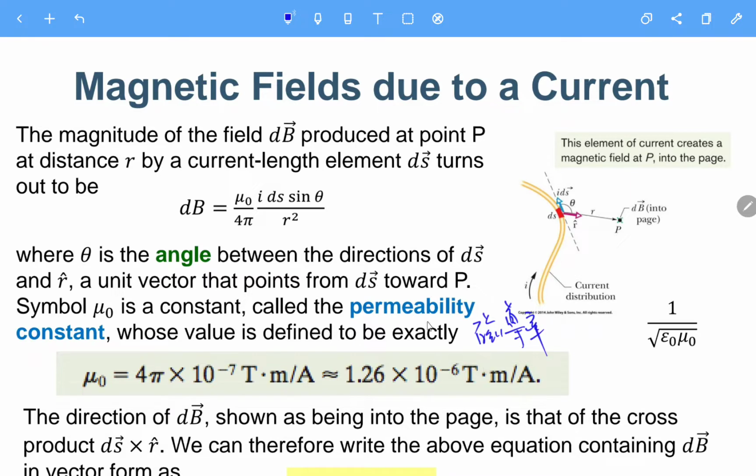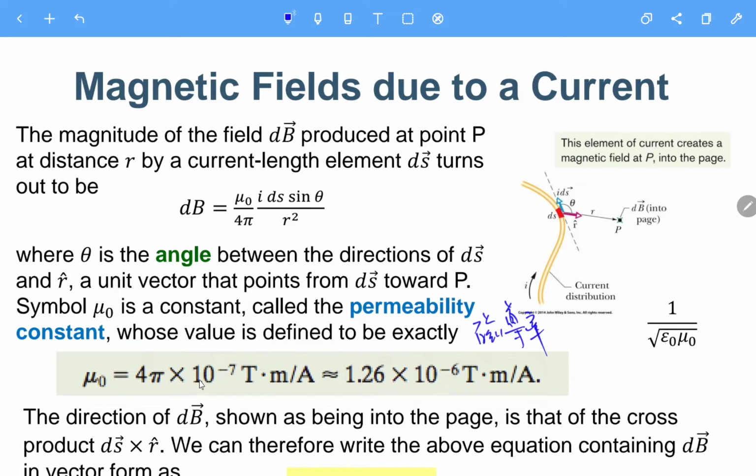This value is 4 pi times 10 to the minus 7, which is easy to remember, and the value is approximately like this number. This is in SI units.